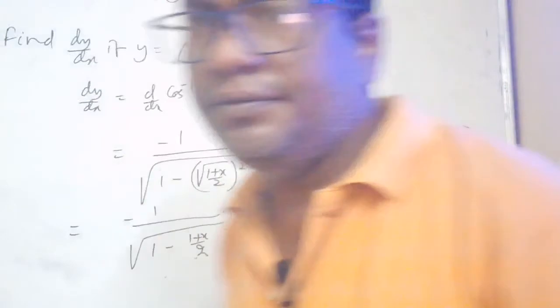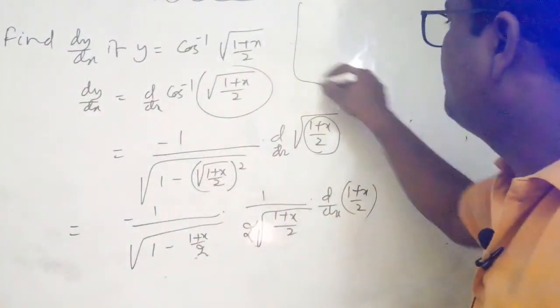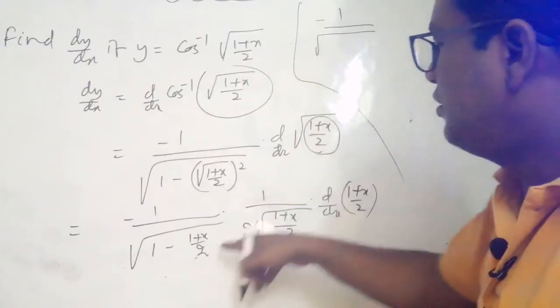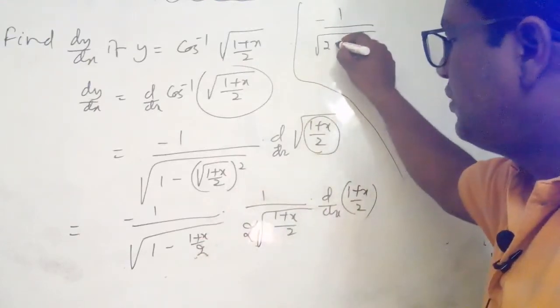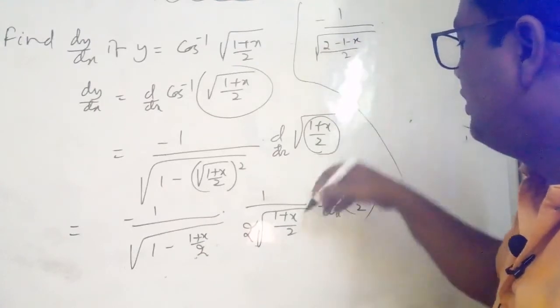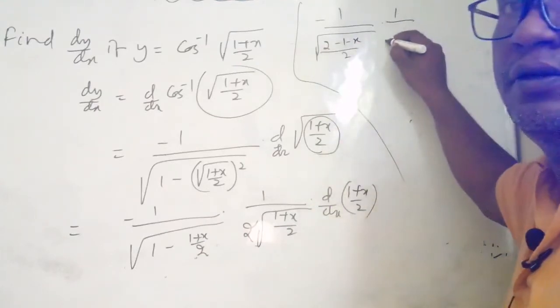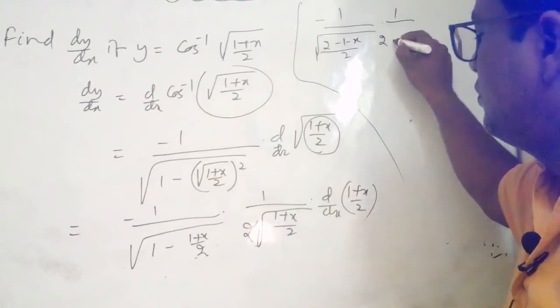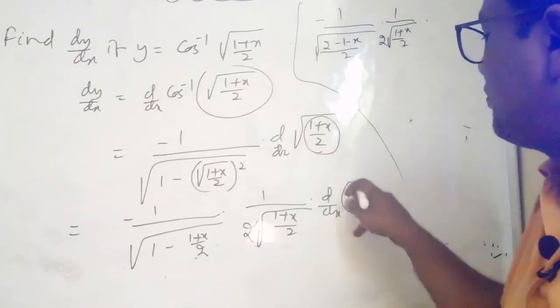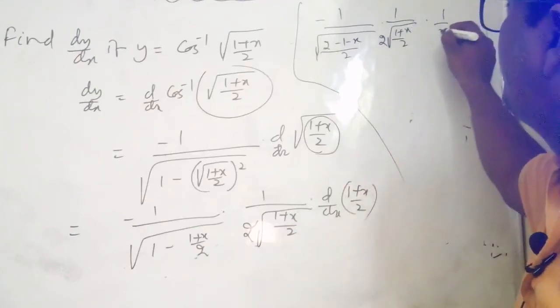This is equal to minus 1 by root over 1 minus 1 minus x by 2, into 1 by 2 into root over 1 plus x by 2, and the derivative of 1 plus x by 2 is 1 by 2.